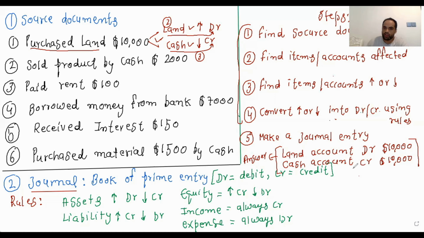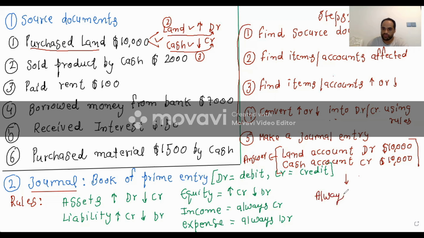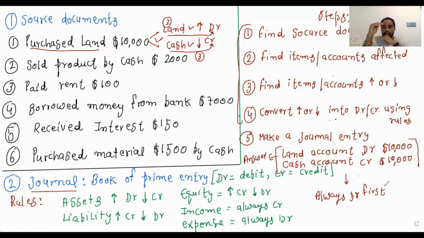But remember one thing. When you make a journal entry, always remember, always debit first. Always remember, debit is always on top, then credit. If in your exam you write the answer, cash account credit, land account debit, I will give you a cross.